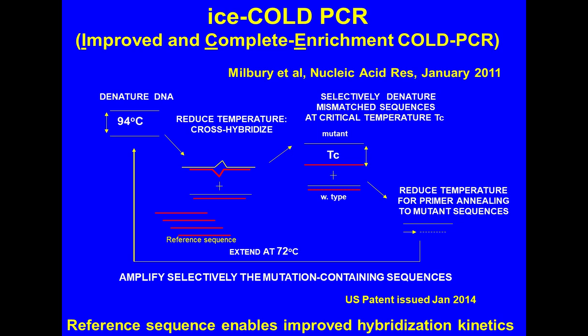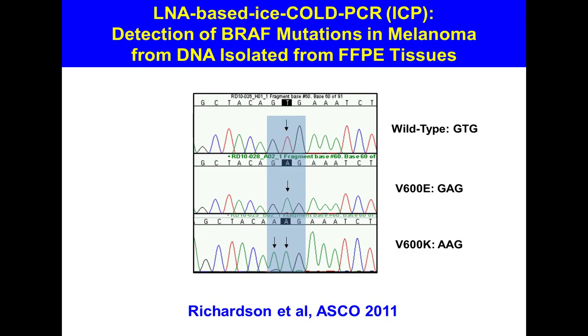And in some cases, modified bases like locked nucleic acid or PNA, peptide nucleic acid, or other similar modifications can give you an advantage because they create a bigger difference between heteroduplexes and homoduplexes. To make a long story short, that led to the LNA-based ICE COLD-PCR, which for convenience we often call ICP. That's the most advanced version of the technology and produces the best enrichment.